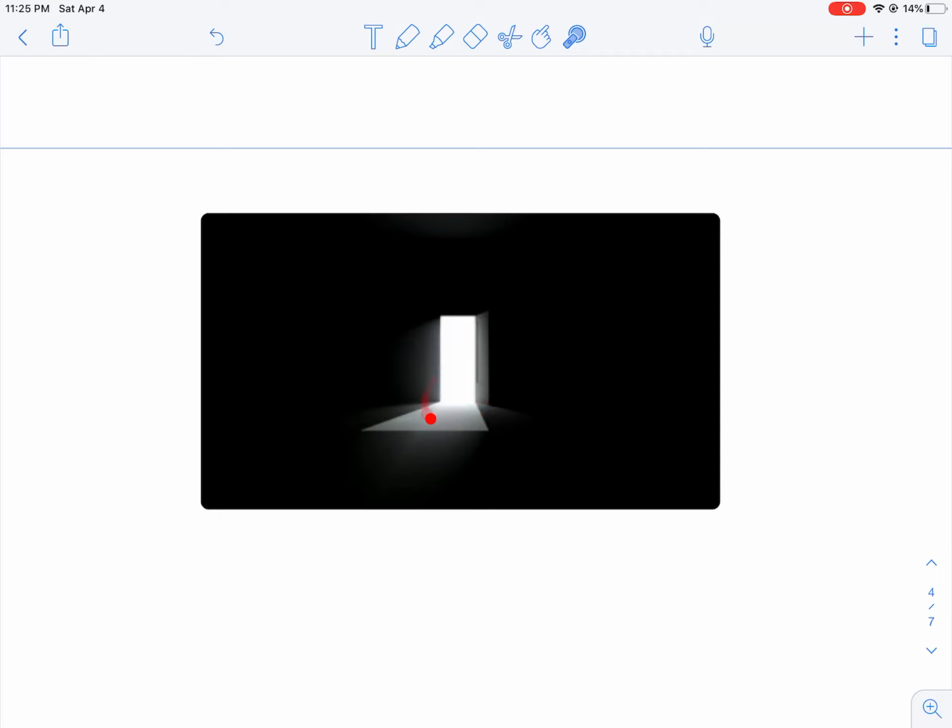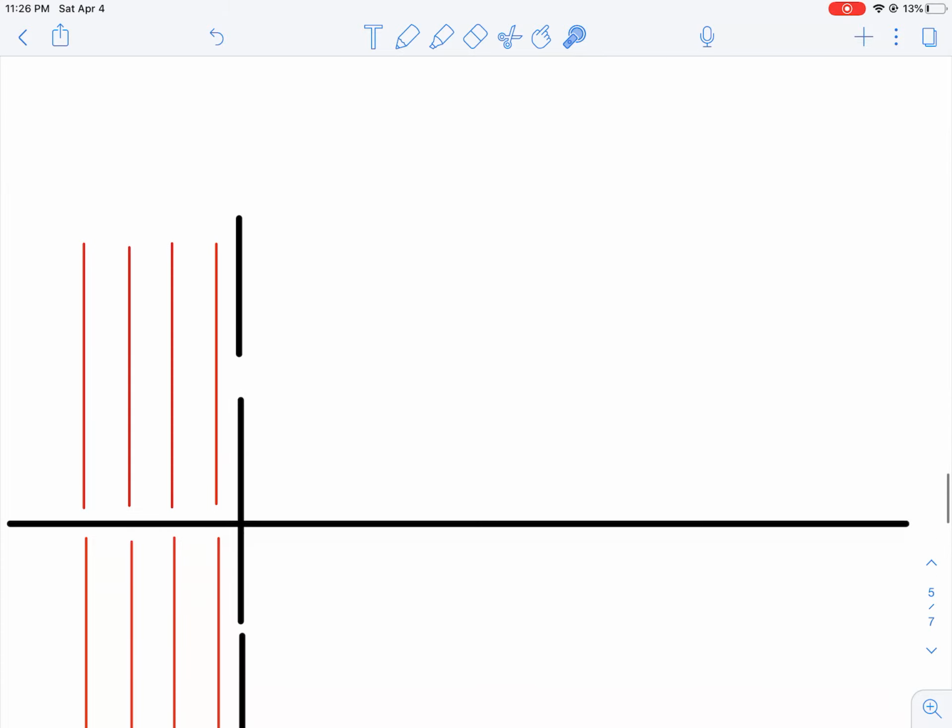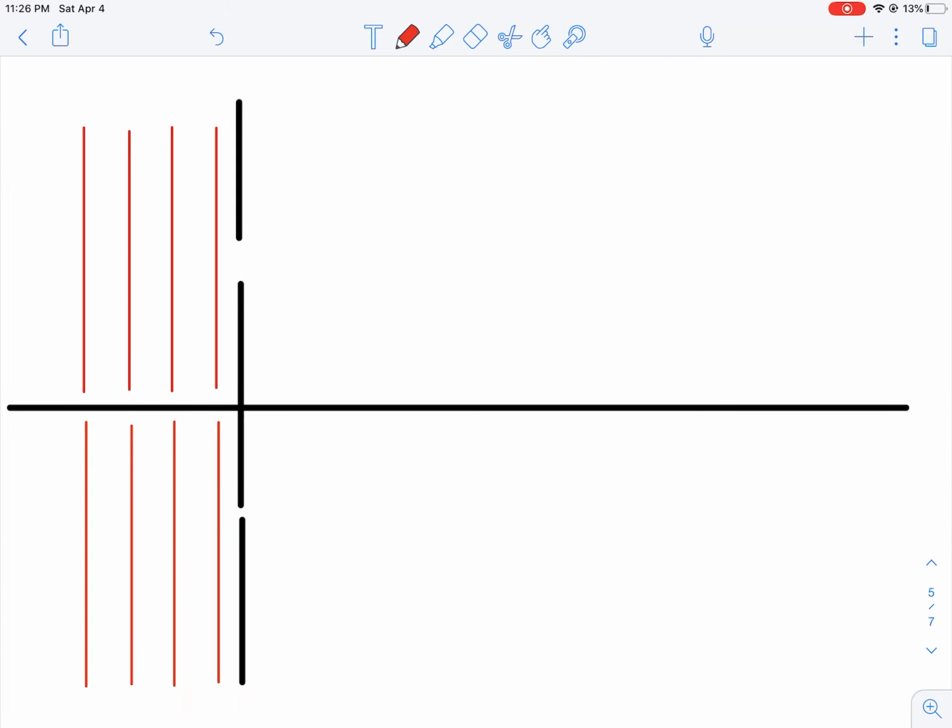In this case, the door is very, very large, very wide, and thus it acts almost like those parallel lines that I showed earlier. But if you were to decrease the width of this door, suddenly that light would act like a wavelet and tend to bend. So let's look at that through this example over here.